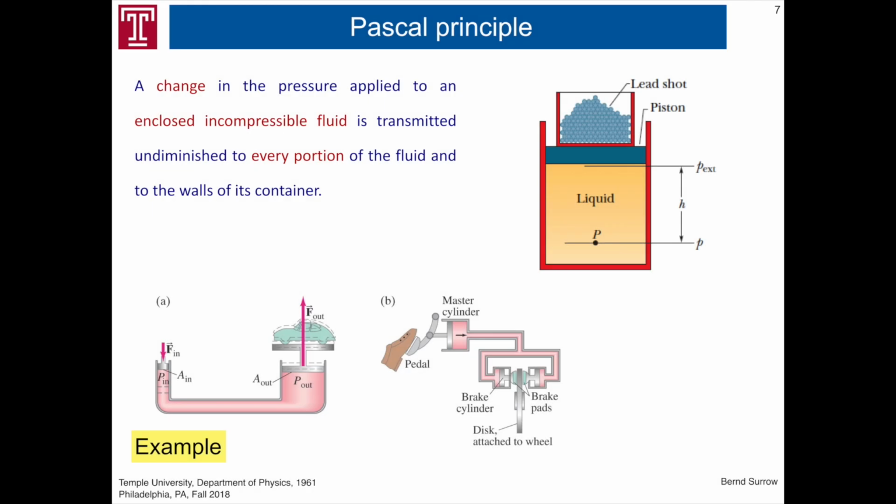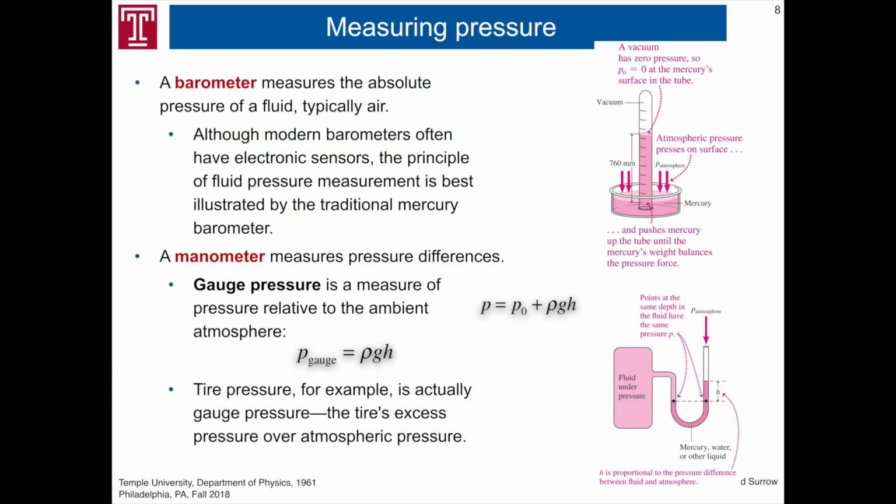So now how is pressure actually being measured here? A barometer measures the absolute pressure of a fluid, typically air. Although modern barometers often have electronic sensors, the principle of fluid pressure measurement is best illustrated by the traditional mercury barometer here. Namely the atmospheric pressure, which I've stated to you before.